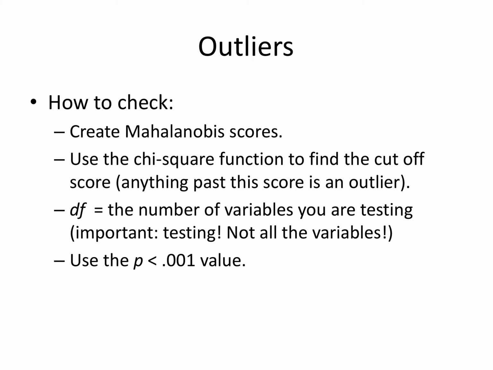So you might have a gender column in your data set, but you're not going to use that to screen people because you can't really control their gender. So it's the number of variables that you are using to test them for outliers on. And then we'll find the point at which they're p less than 0.001 because we're doing the big important rule.